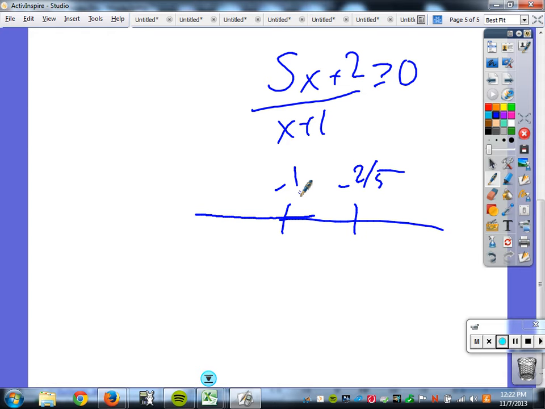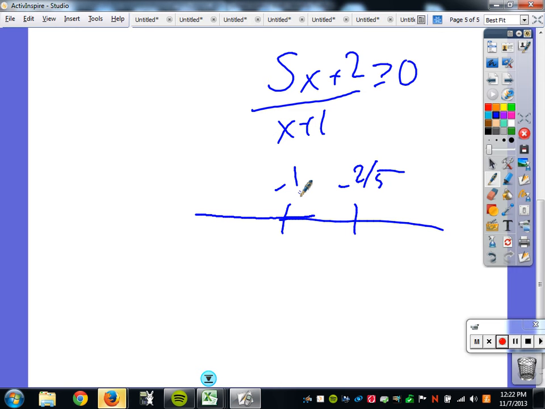Now, could you say I'm going from negative infinity up to negative 1 to negative 2/5? Sure, maybe that whole section was positive. In our case, that's what we're looking for, right? It's positive. But I still need to have him because I cannot be that number whatsoever. Correct? So we got to put him up there saying, you know what, guys? This guy gave me a 0, but this guy gave me undefined.